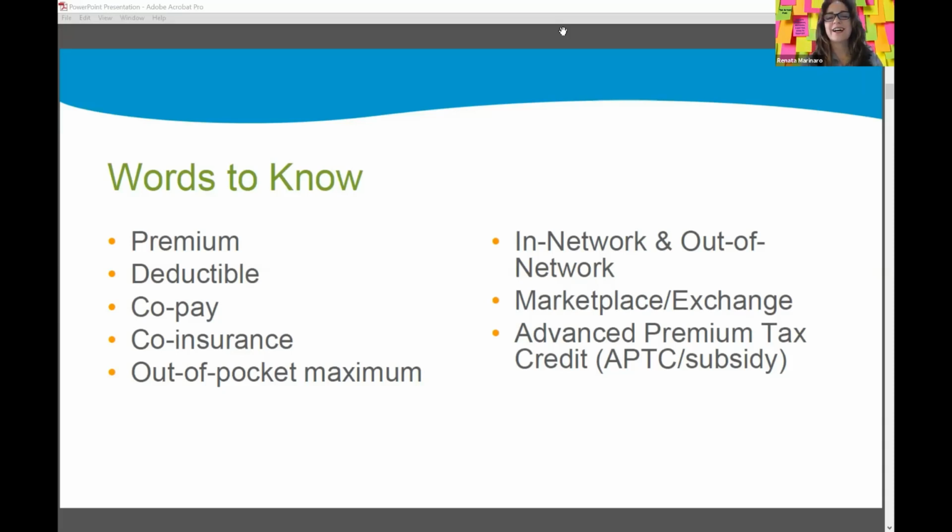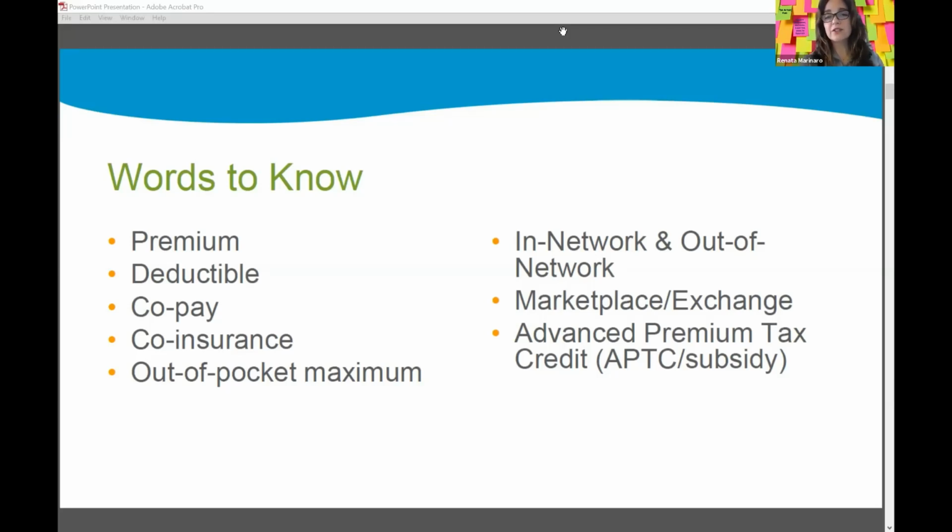So, in-network and out-of-network. Basically there are things called HMOs and there are things called PPOs. In an HMO plan, you're going to a network of doctors. It's essentially a list of doctors. And you can go to those doctors, and if you go to them, then your services are covered according to your policy.